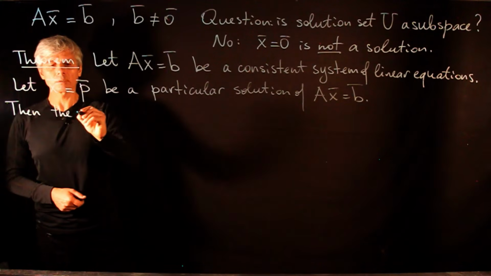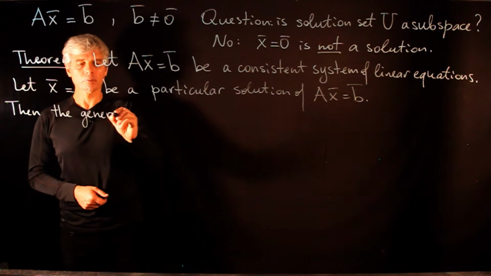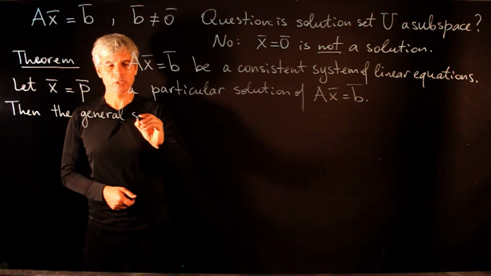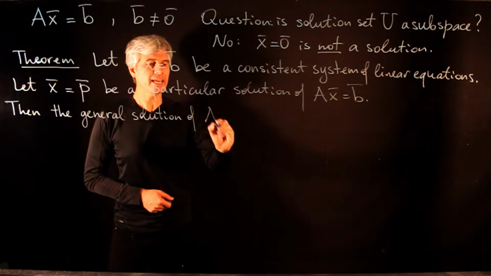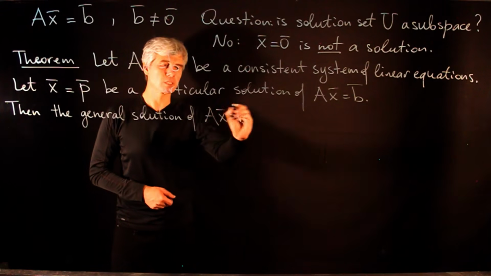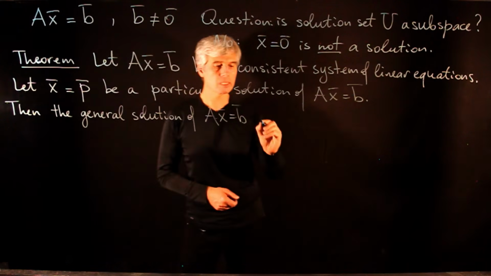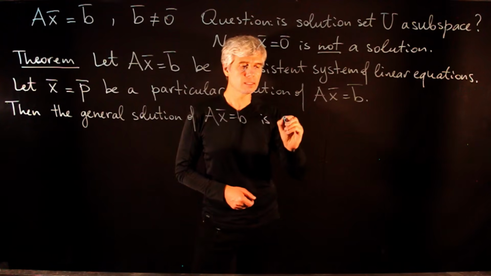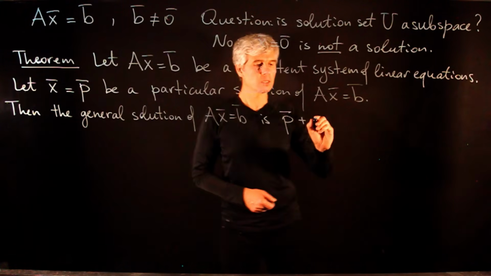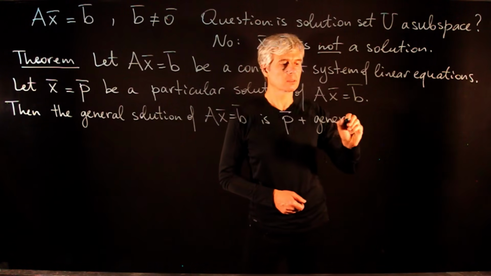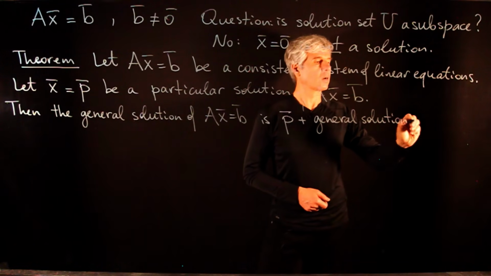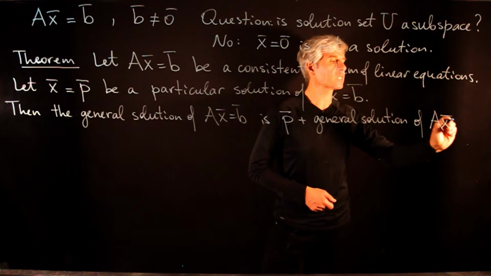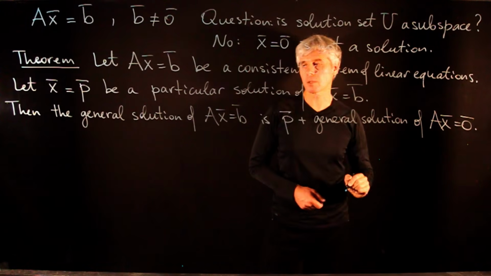the general solution of AX equals B, or the solution set, is P plus the general solution of a homogeneous system with the same matrix, AX equals 0.